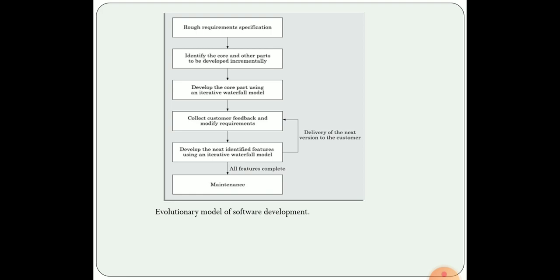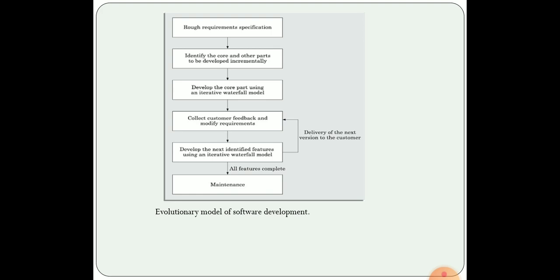Again, the development is based on the iterative waterfall model, but in the evolutionary development model, all the developmental activities are carried out iteratively and in an incremental style. That means we are not going to develop the software in a single step, and there should not be any strict phase entry and phase exit criteria.